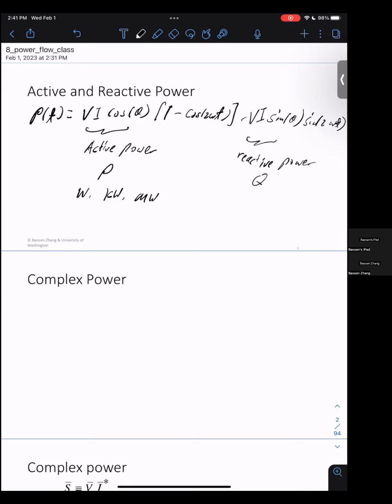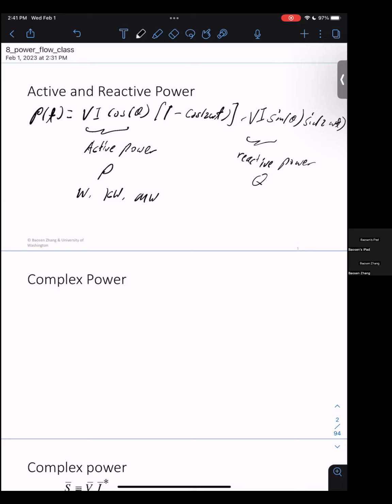What you have to remember is you cannot give it a unit of watt, because it doesn't do work or heat anything up. So we basically give it a very descriptive name.